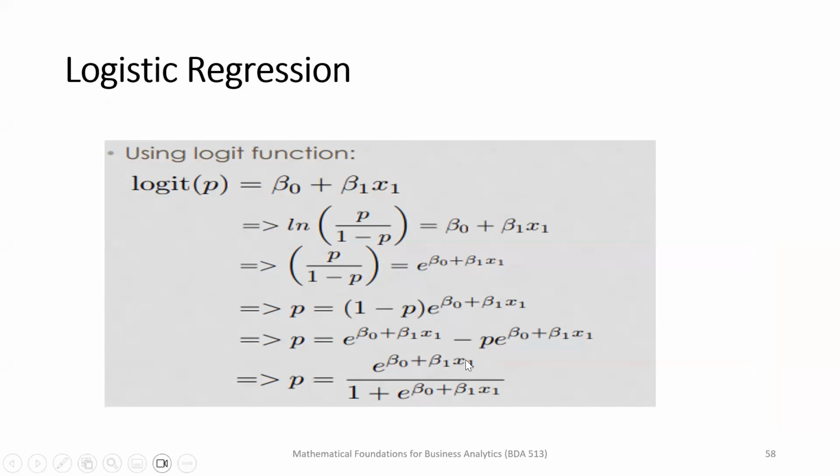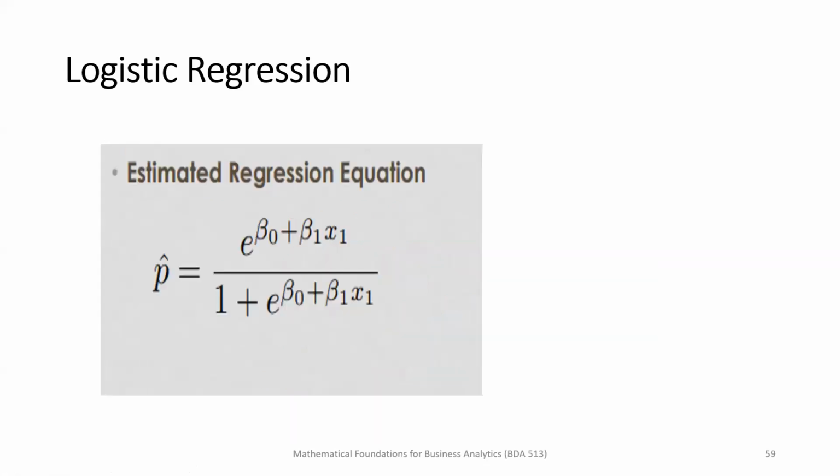Here we have Euler raised to the power B0, that's the intercept, plus the slope B1, all divided by 1 plus Euler raised to the power of the intercept plus the slope. So this is the estimated logistic regression formula for determining the probability.